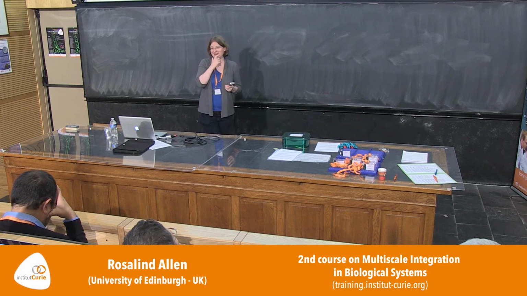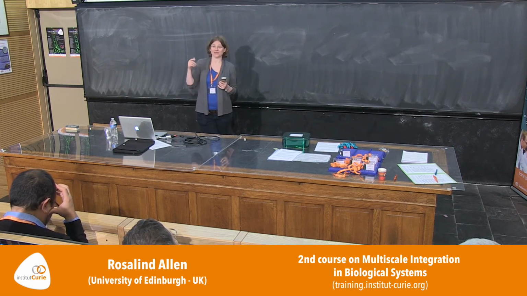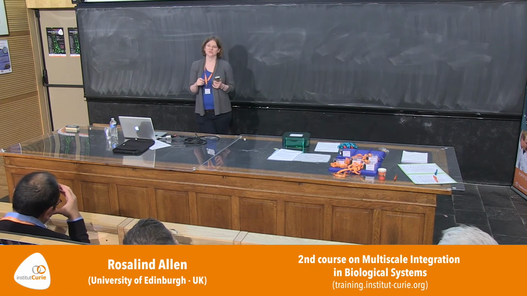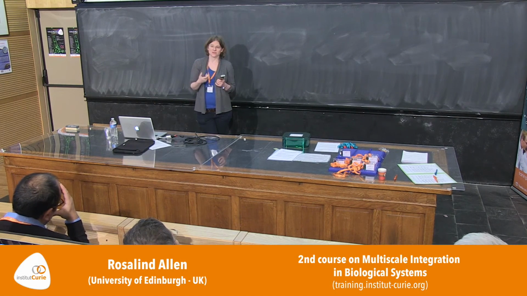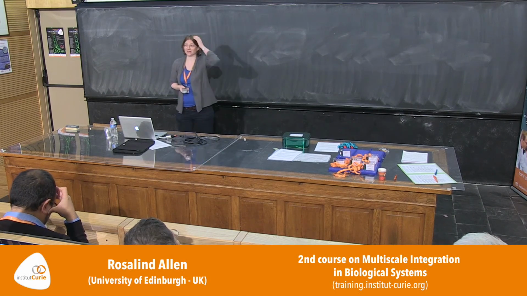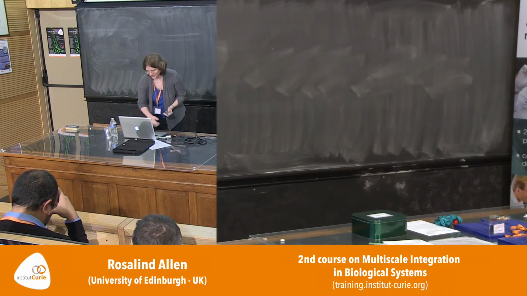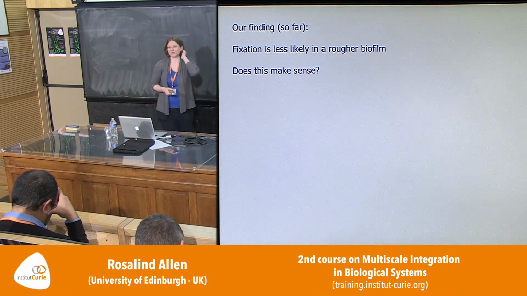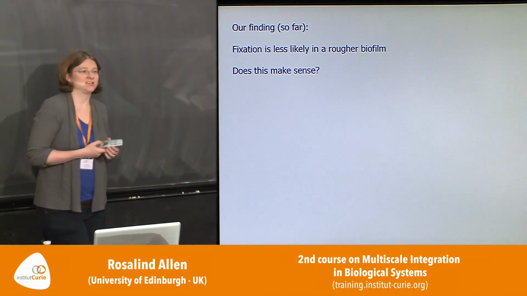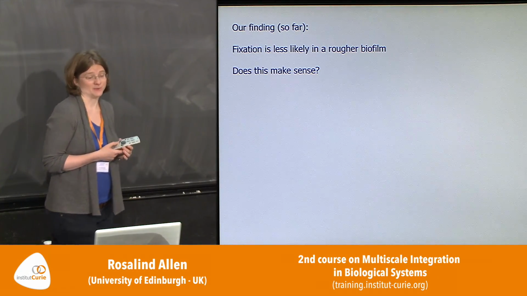What we're trying to do now is a more realistic way, which is that we look at how fast each bacterium is dividing in the biofilm, and we make the probability that it turns into a mutant proportional to that. So we assume that mutants will happen at division events, and we're trying to do that now. But we don't think it changes this conclusion that fixation is less likely in a rough biofilm.